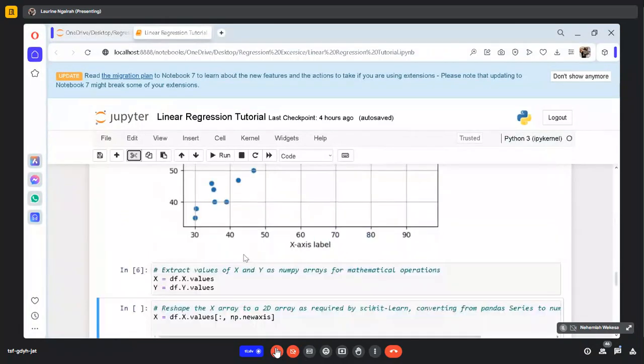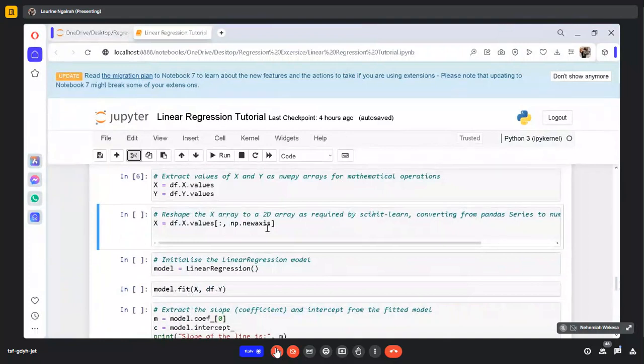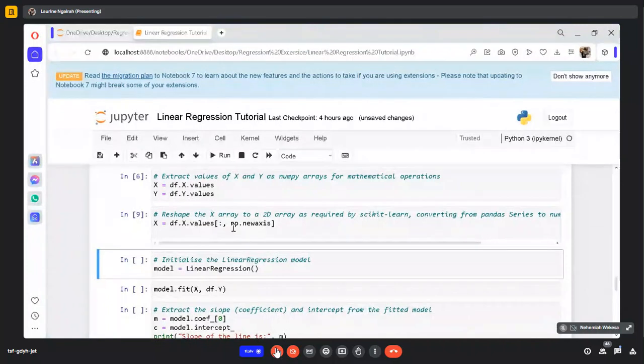I've seen this question being asked in our webinar, and I'm not sure I've gotten why we are changing only the X into 2D. Anyone who has an idea of why we are changing only the X into 2D? Anyone?